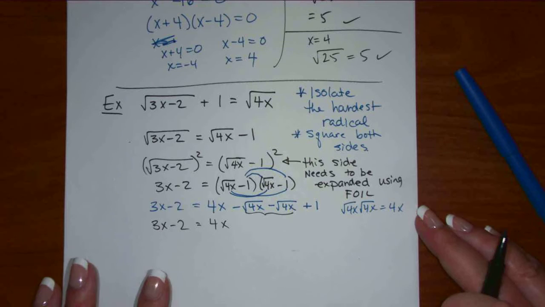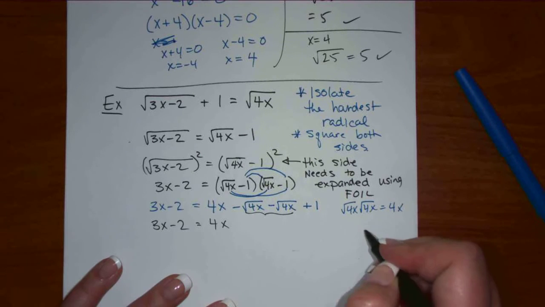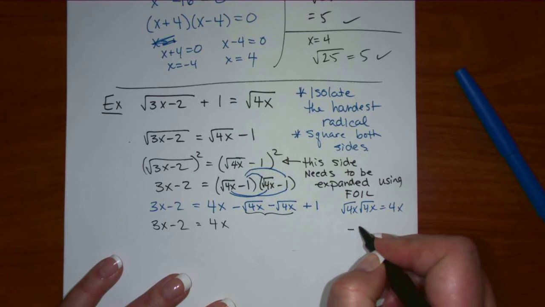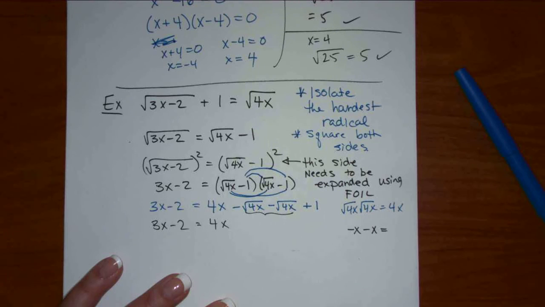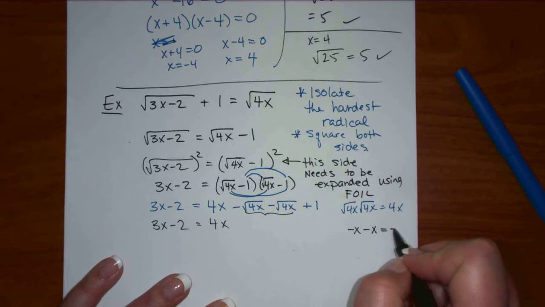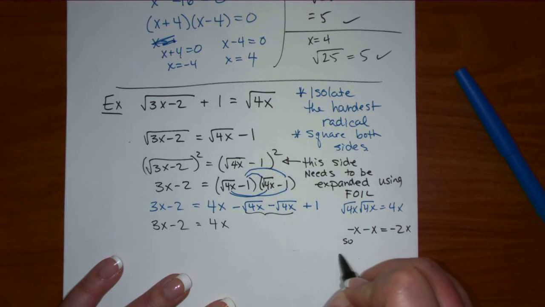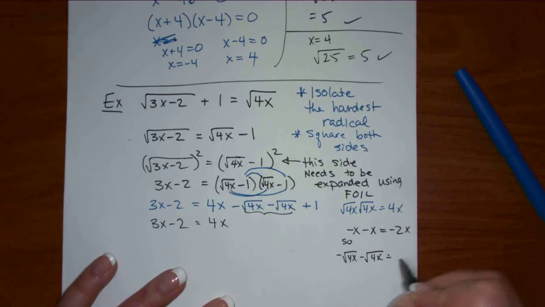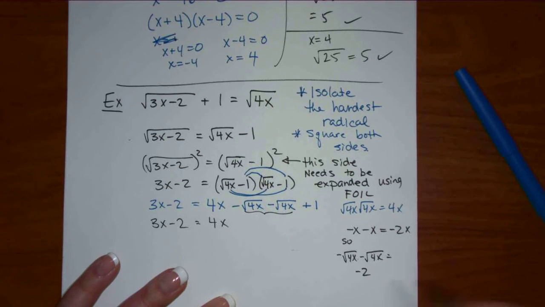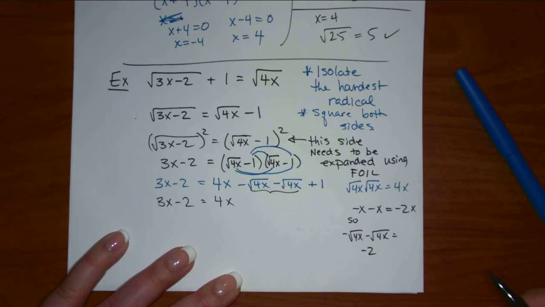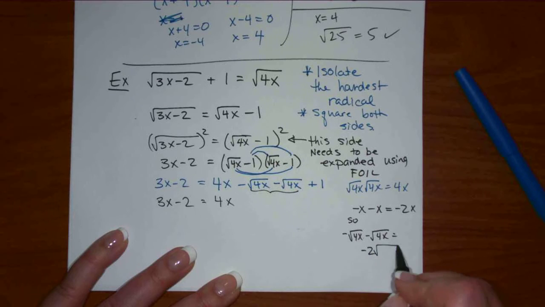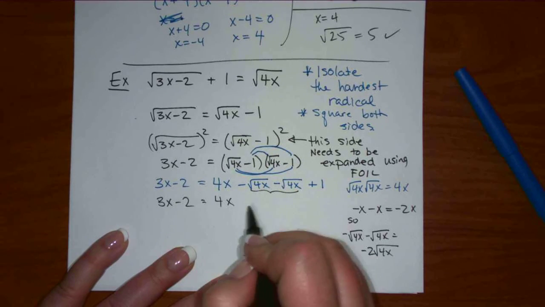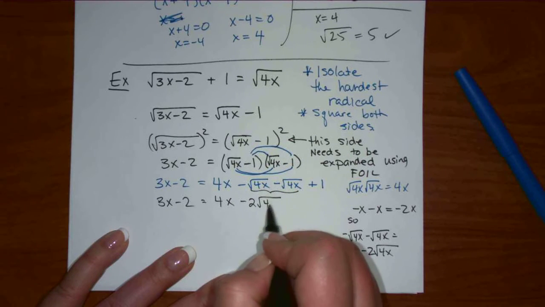I know it looks confusing, but if I had minus x, what's that equal to? Minus 2x. So what's this one equal to? Minus 2 root 4x. Plus 1.